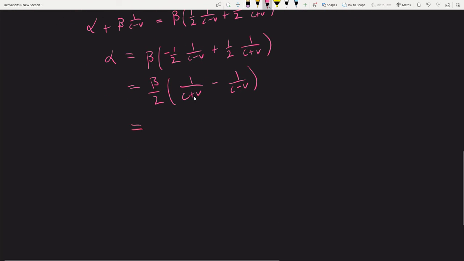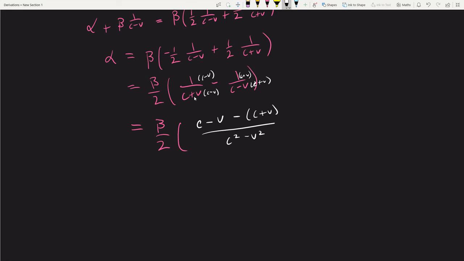So this thing equals, and we'll normalize this fraction. If I multiply this by C plus V on the bottom, sorry, C minus V on the bottom, C minus V on top, and then C plus V here, and C plus V here as well, you're going to get C minus V minus C plus V all over C squared minus V squared.